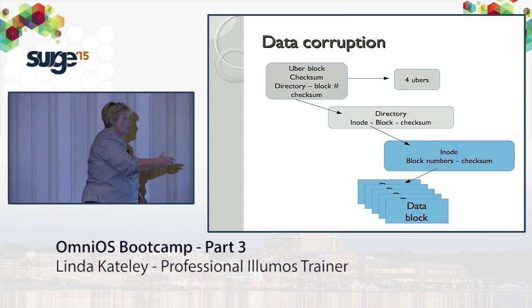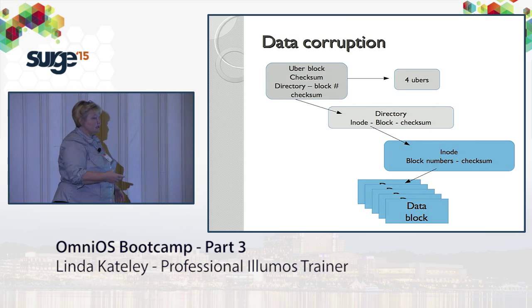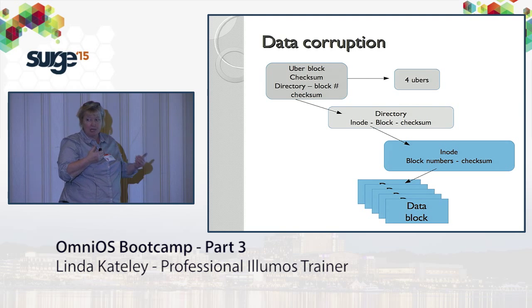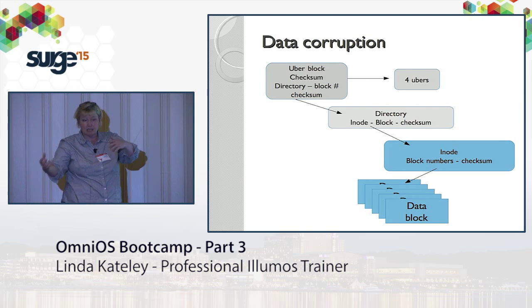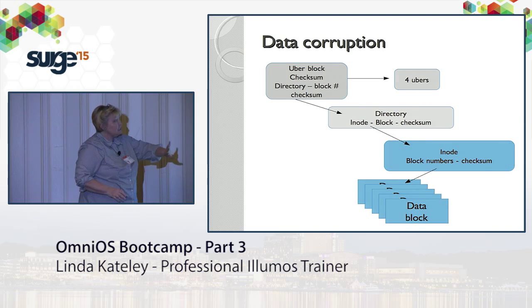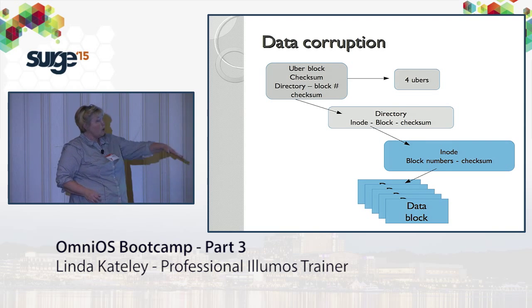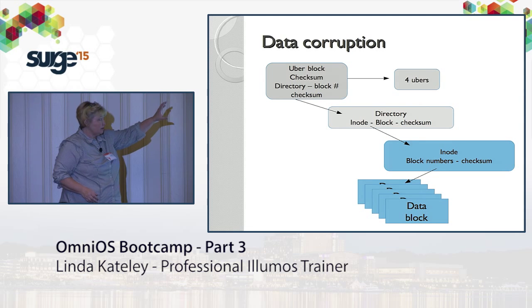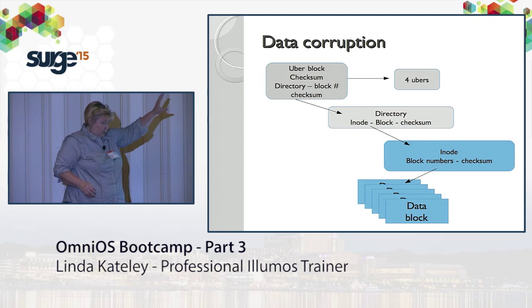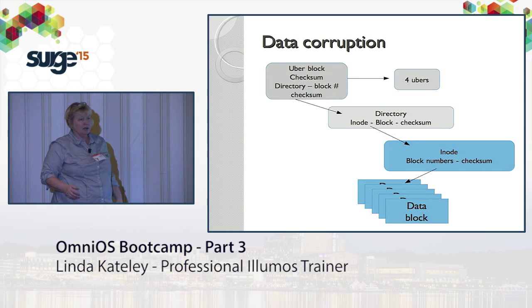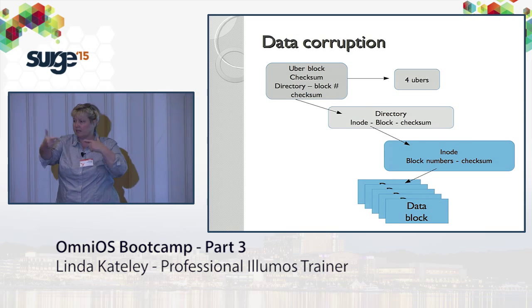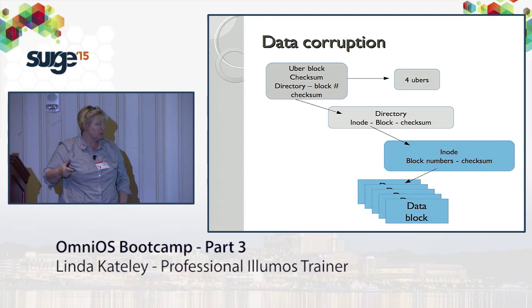I have the word inode, I'm sorry, it's dnode. The block number that the data exists in and the checksum will be saved in a different block, a different area of the disk. And it's checked all the way up into the super block called the Uber block. There's 4 of those, and they all have to check to make sure that the pool is good.